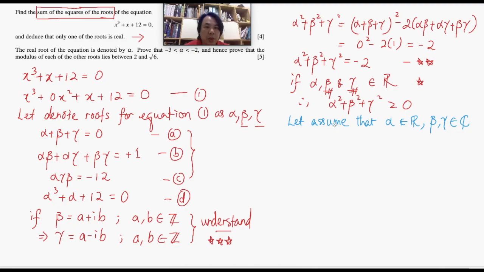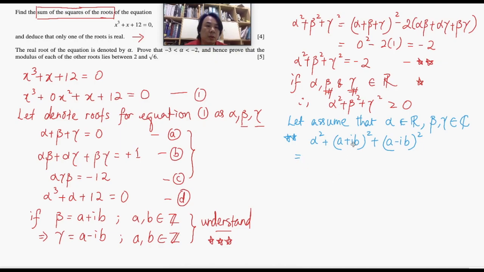Therefore, we can rewrite the double star statement as alpha squared plus (a plus ib) squared plus (a minus ib) squared here.